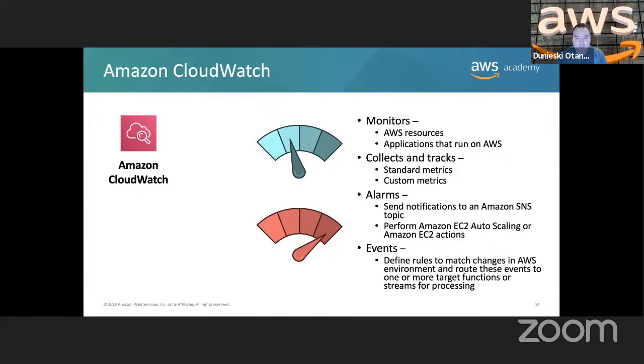Also, you have to understand that there are two different ways it presents itself: basic CloudWatch and enhanced CloudWatch. Also, the standard metrics are the ones that I already showed you guys, and there are custom metrics that you have to find.